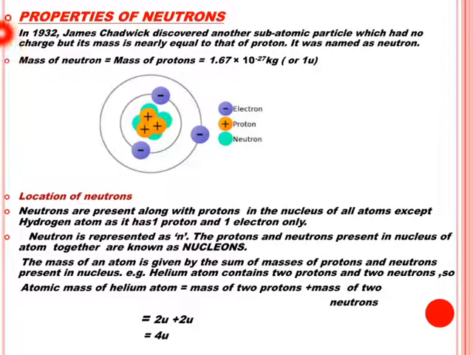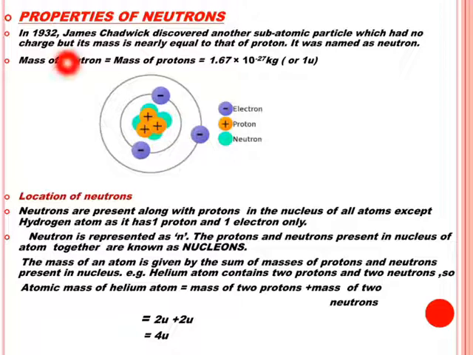Now let us study about another important subatomic particle present in an atom, that is neutrons. In 1932, James Chadwick discovered another subatomic particle which had no charge, but its mass is nearly equal to that of proton. It was named as neutron.